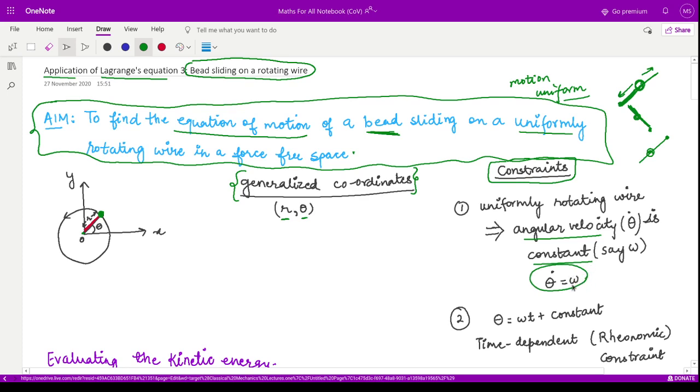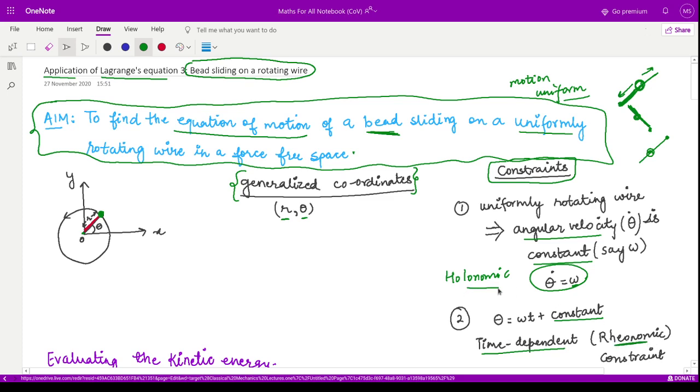We can take any other variable instead of this omega. And what kind of constraint is this one, theta dot equal to omega? This is a holonomic constraint, because if you integrate this, you will get theta equal to omega t plus some other constant. This constraint also depends upon time, so this is also a rheonomic constraint.